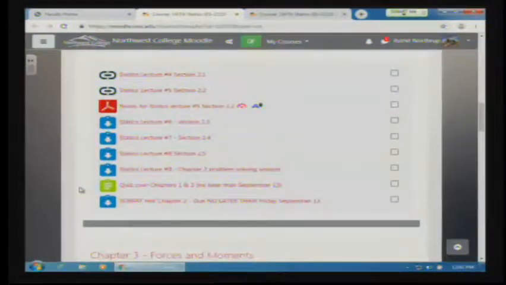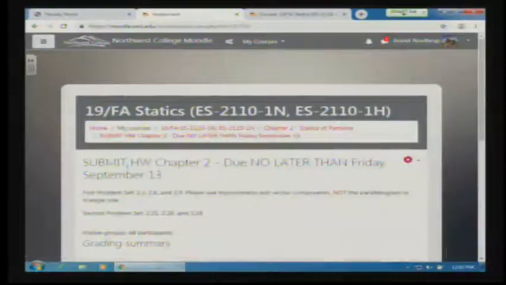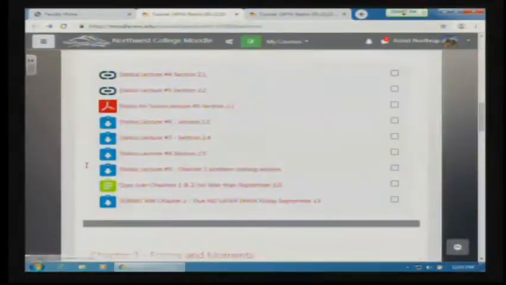Now, if you go then to the word submit for homework for chapter 2, and you look at the homework under chapter 2, we have the first homework set and the second homework set. Those are taken from the first 2 lectures of chapter 2. After we're done today, I will add a third homework set, which will be for the material that we cover today. So in other words, this is like a running total of what we're doing in class.